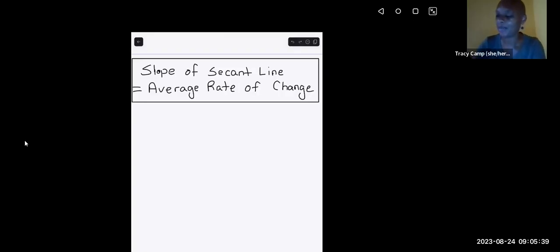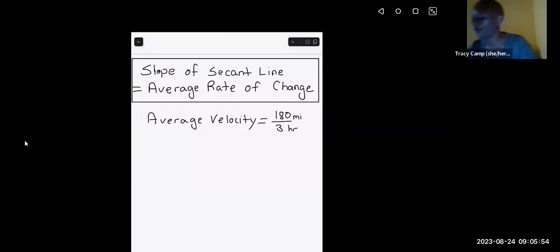Then I would say that my average velocity is 180 over 3, or in other words, 60 miles per hour, right? That would be my average velocity. If I drove 180 miles in 3 hours, my average velocity is 60 miles per hour. Average velocity, that's the same thing as an average rate of change.